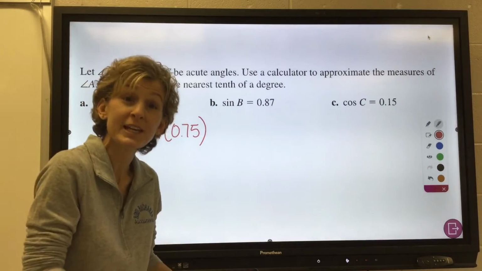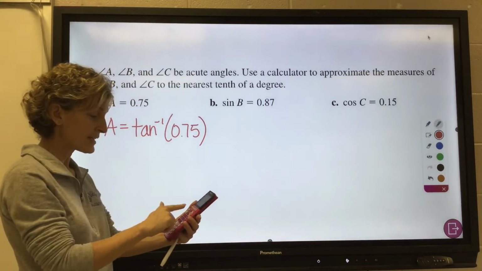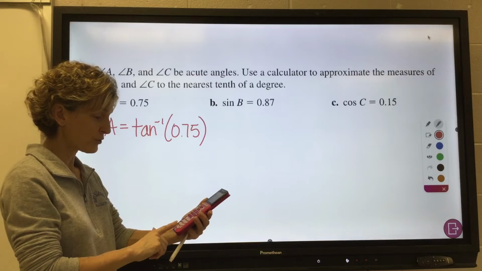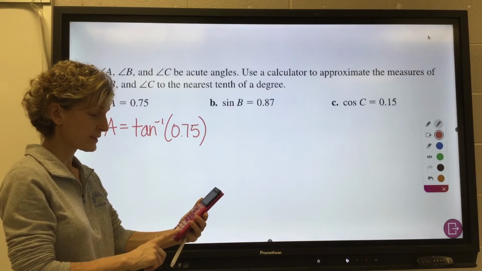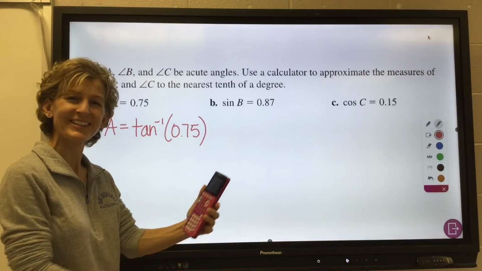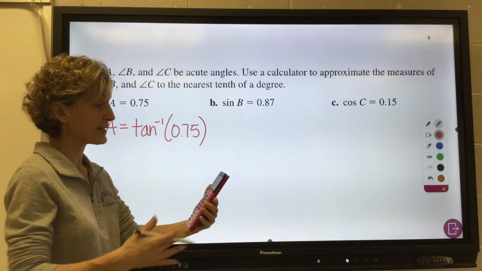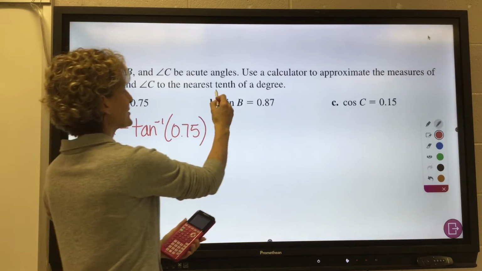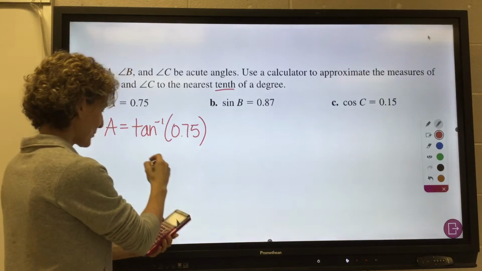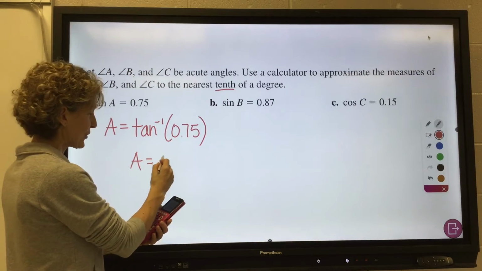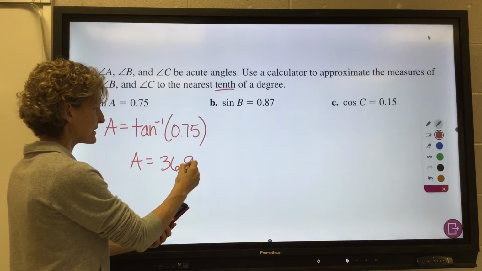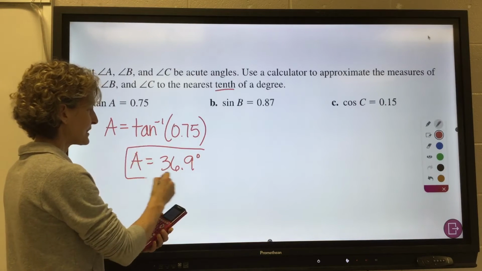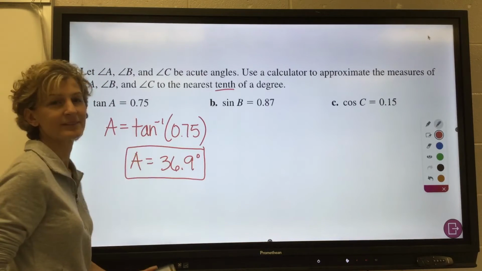That's inverse tangent. So second tangent 0.75 and hit enter. And what do you get? 36.8698, and it says to round to the nearest tenth. So A equals 36.9 degrees. And that is your acute angle, A.